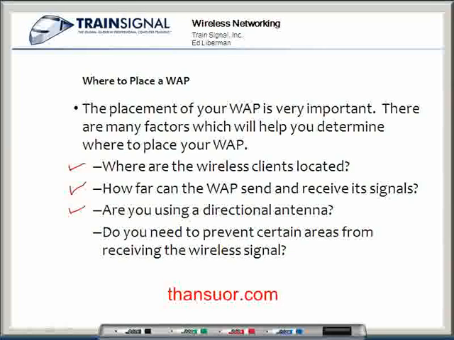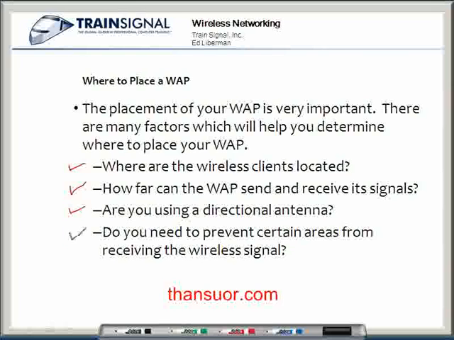We can even get antennas that help us truly shape the basic service area. You can shape it to go X number of feet out in one direction, a shorter amount in a different direction, and a longer amount in another. We can actually do that, so that's another thing we need to keep in mind.